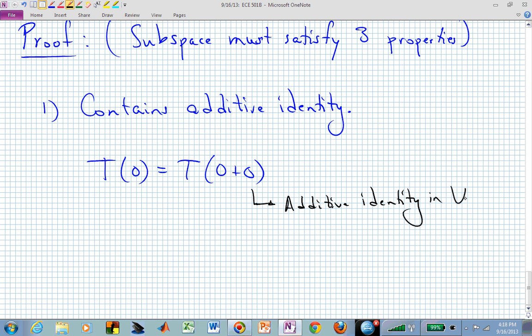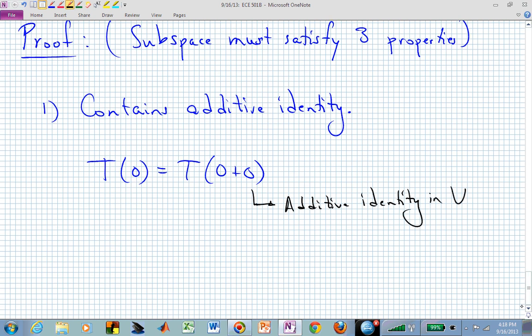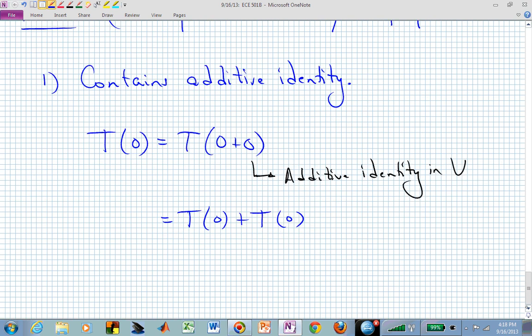But now we can use the linearity property of the linear map, T, and say T of x plus y, where in this case x is 0 and y is 0, is the same as T of x, which is 0, plus T of y, which is also 0. So this is now the additivity of the linear map.